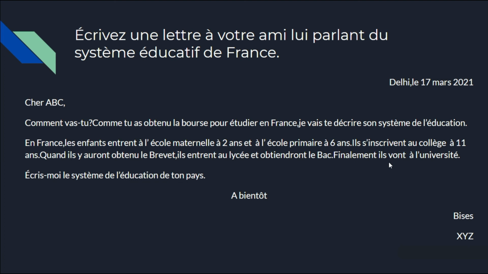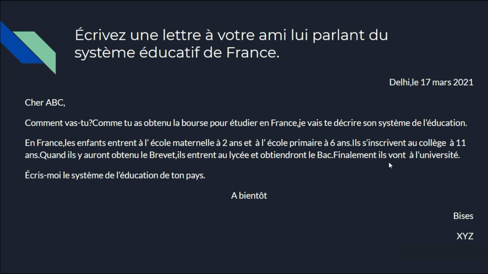Now, quand ils y auront obtenu le brevet, ils entrent au lycée et obtiendront le bac. When they will have obtained the brevet there, they will enter the lycée and will obtain the baccalaureate. So also, just to enrich vocabulary, we have used quand plus the future anterior and then the future verbs.